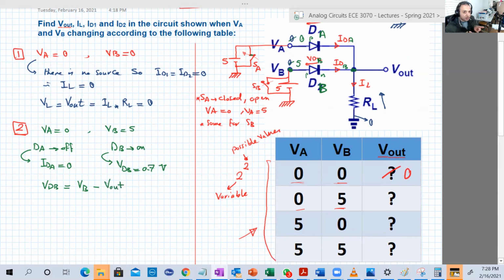This is the voltage difference. The voltage difference of any diode is the voltage of the B side minus the voltage of the N side. The B side is connected to VB. The N side is connected to V out.